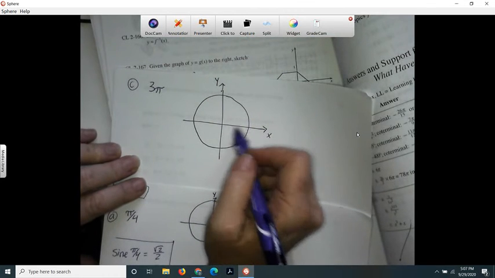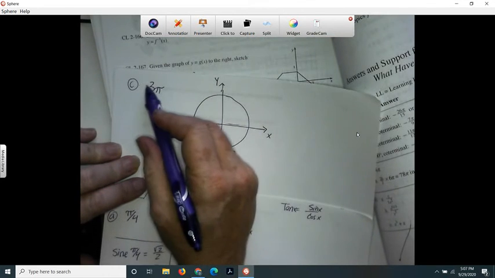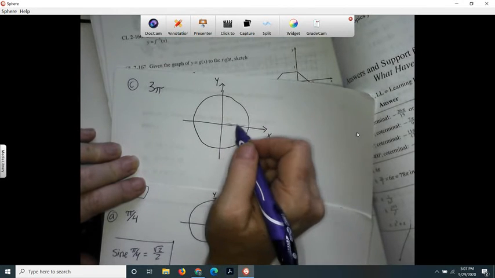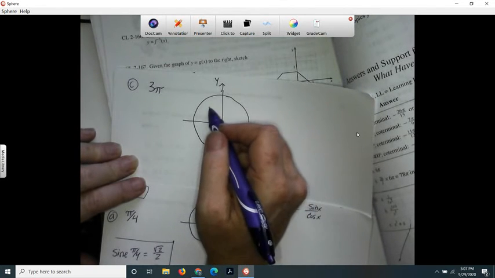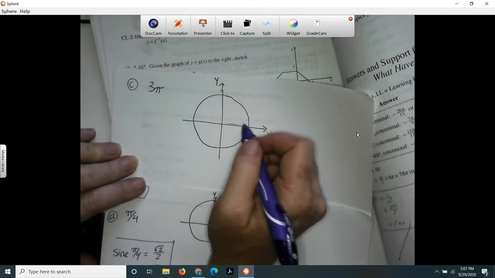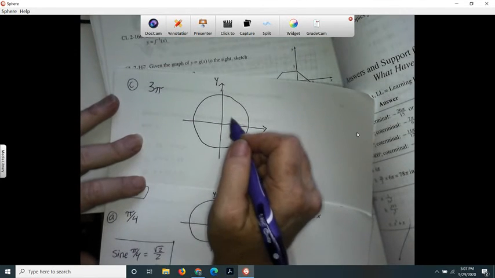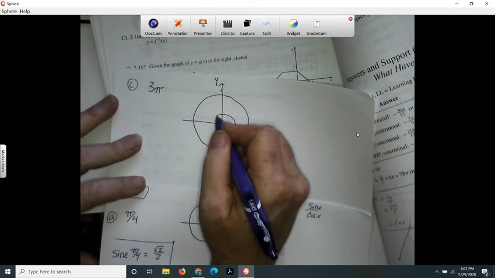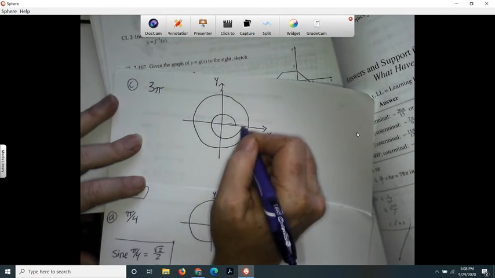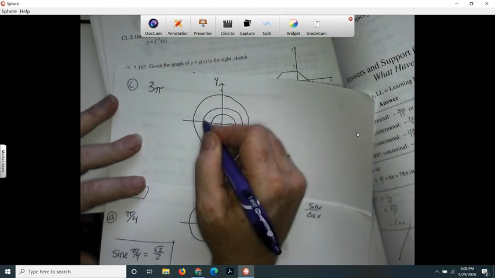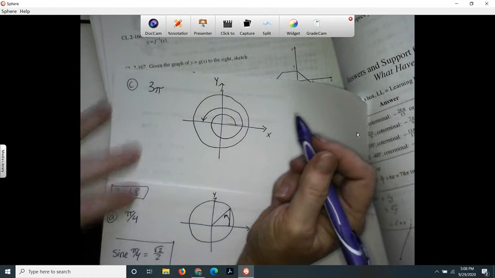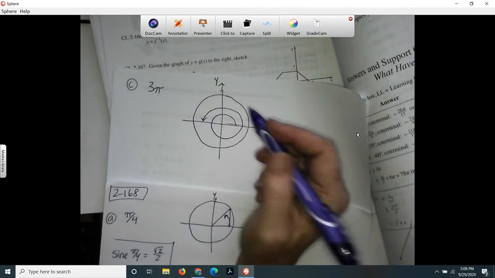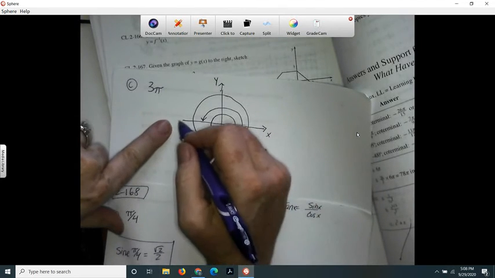So 3 pi, unless it has a negative angle measure, we're going to open up our angle from the positive x-axis, and we're going to go counterclockwise around. I know that if I go all the way around, it's 2 pi. So let's count. It's 1 pi, there's 2 pi. That's 3 pi right there. So it's like 2 pi plus another pi, 3 pi. And it's on this axis.